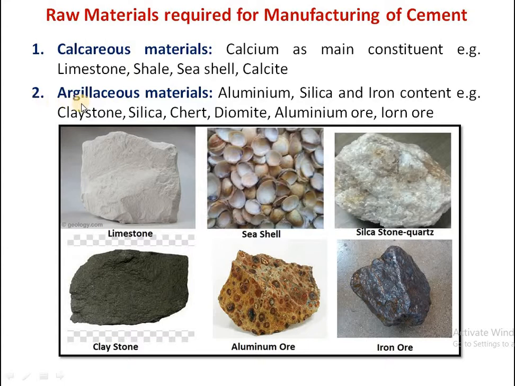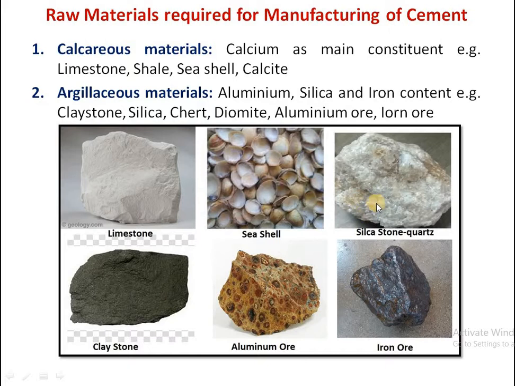The second type of material is argillaceous materials, in which aluminum, silica and iron content is available. These are available in clay stone, silica, chert, dolomite, aluminum ore, iron ore, etc. These all are natural rocks in which aluminum, silica or iron content is available.